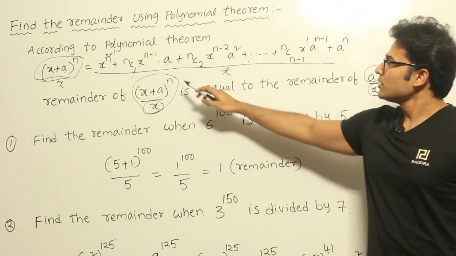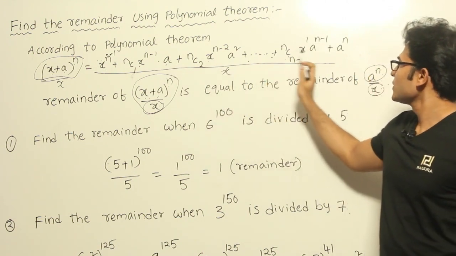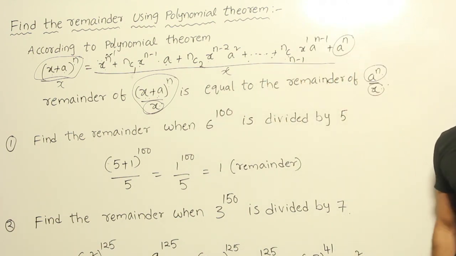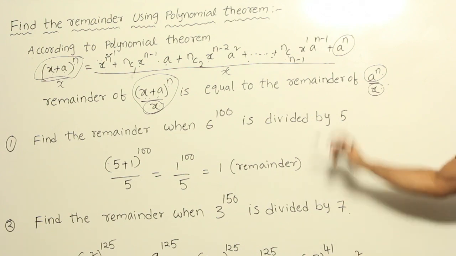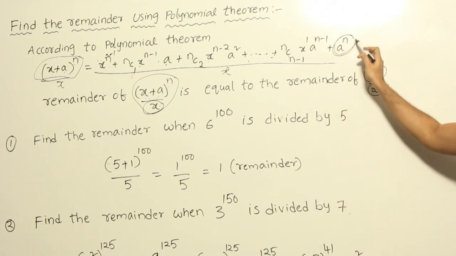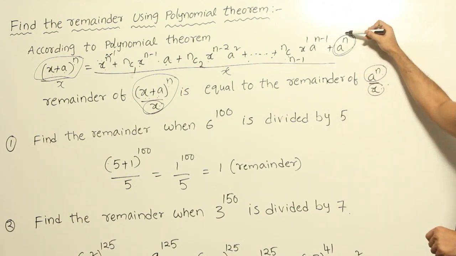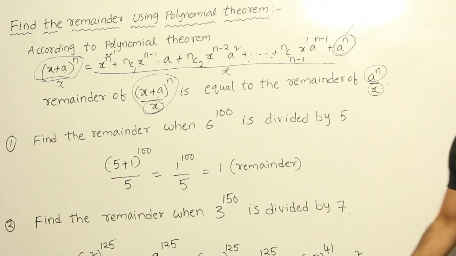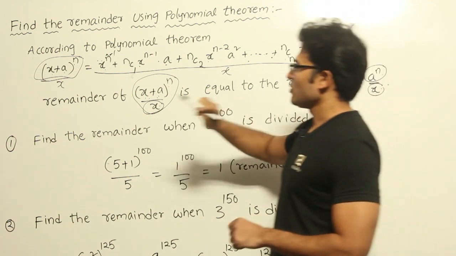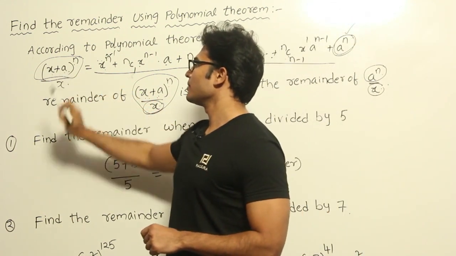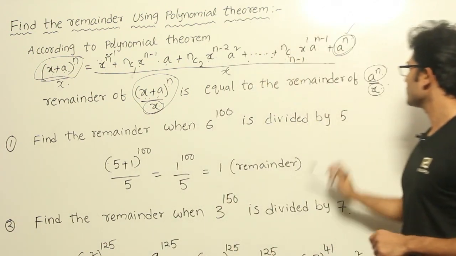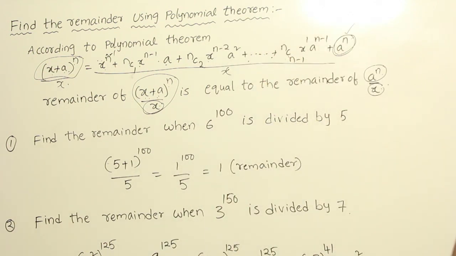Now all these terms are actually multiples of x, only the last term is not a multiple of x, we don't know about it. Therefore only this one is going to remain and all the others are going to be exactly multiples of x. So if you are going to get a remainder, you are going to get it only from this term. Therefore finding the remainder for (x plus a) power n divided by x is the same as finding the remainder for a power n divided by x, right?